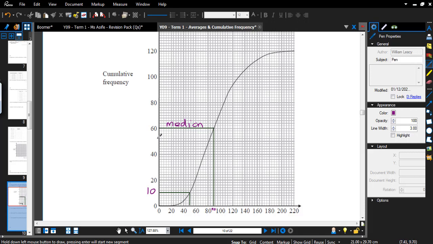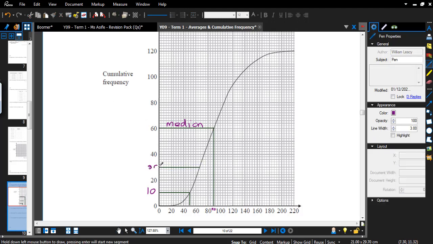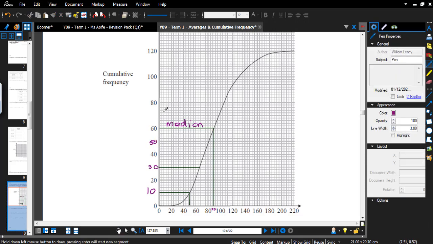Okay. Now to get the lower quartile, a quarter of 120 is 30, which is here. And again, it's your paper, so you could write in 30, 50 is here, and 70.